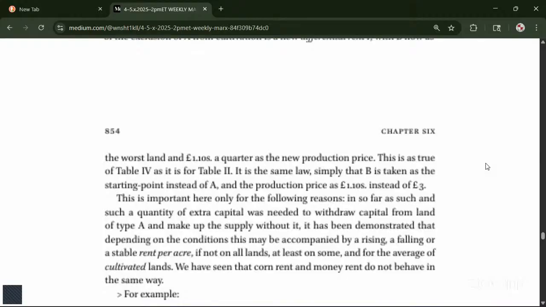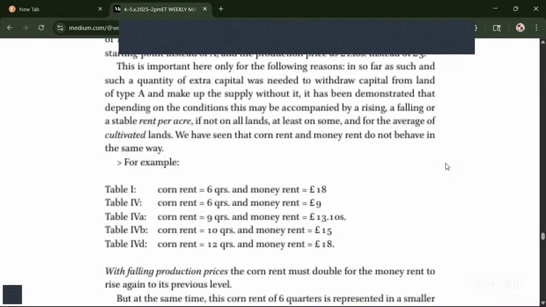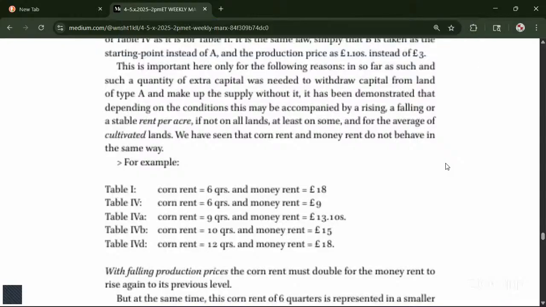We've seen that corn rent and money rent do not behave in the same way. And he shows the difference between Table 4, AB, and Table 4A, Table 4B, Table 4D, and the differences among 6, 9 quarters, 10 quarters, 12 quarters, and corresponding money rent.